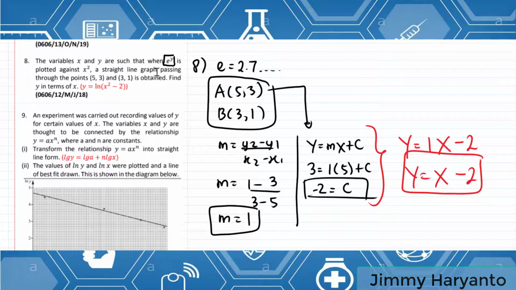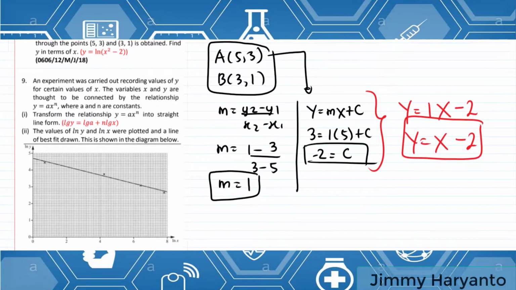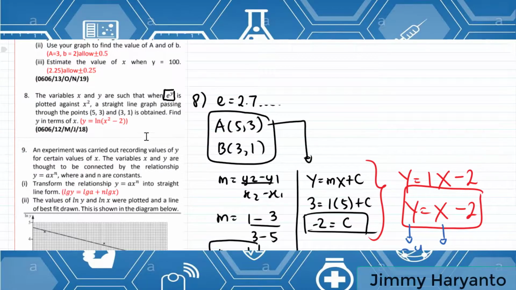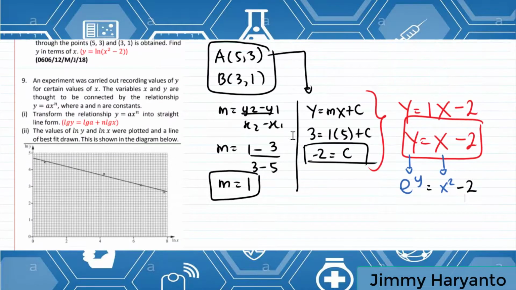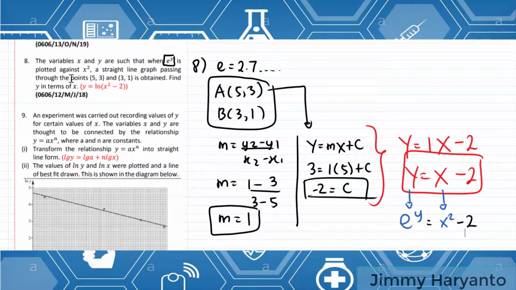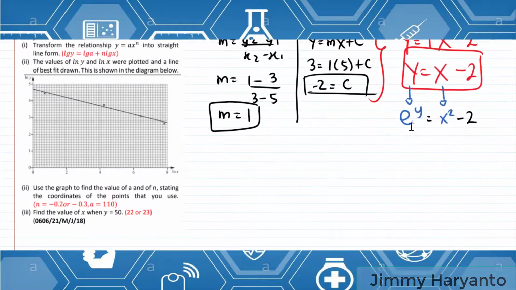And then look at the plot. The plot is e to the power of y against x squared. So I have to change this y into e to the power of y and this x into x squared, and then rewrite it: e to the power of y equals x squared minus 2. Next is to find y in terms of x.